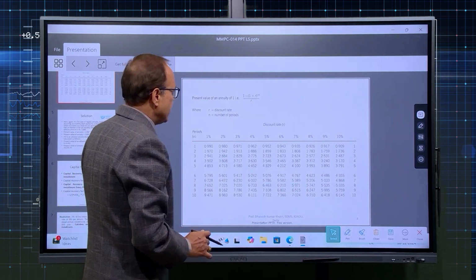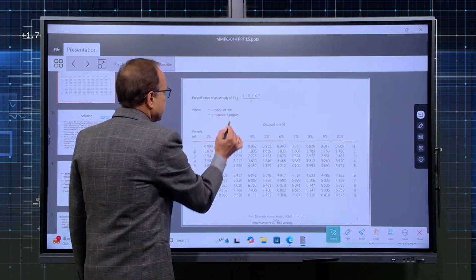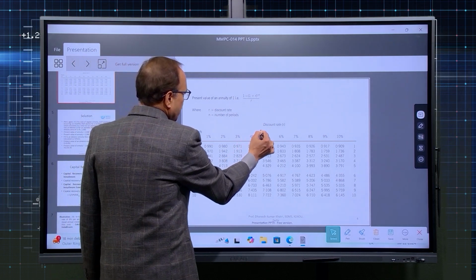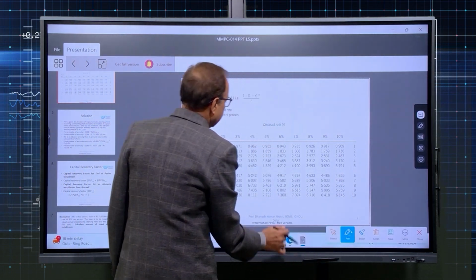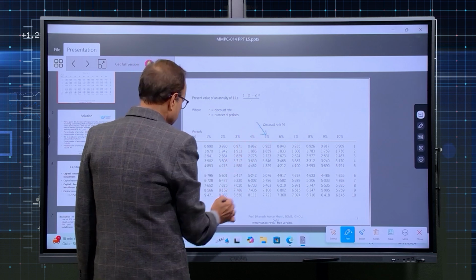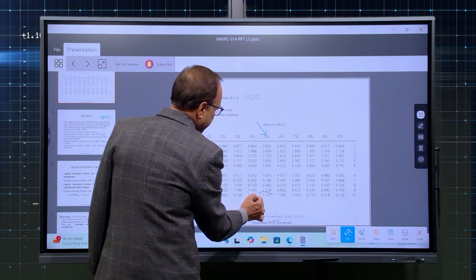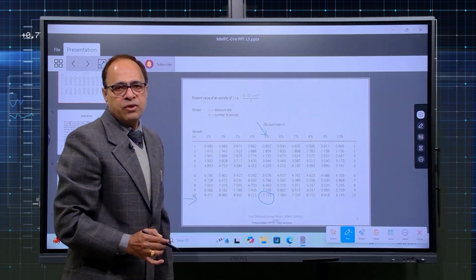In the table you can see, this is the present value of an annuity table. This table tells you the present value of rupee 1. So, 5% will come from this side, 10 will come from this side, and our corresponding factor is 7.722.